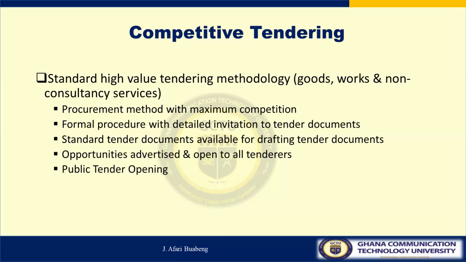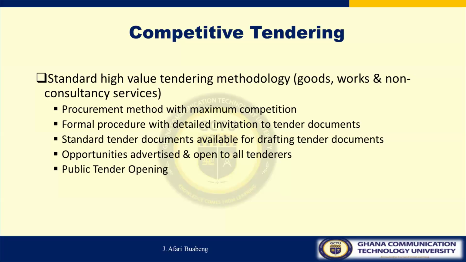So if we plan a procurement and it meets the competitive threshold, then we need to subject that to the competitive tendering method because of the numerous benefits of what? Competitive tendering.